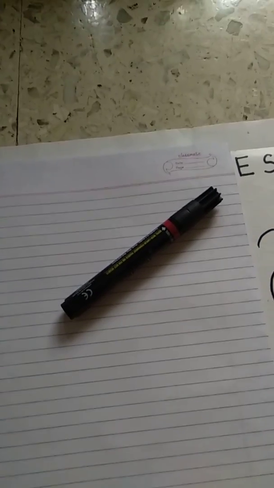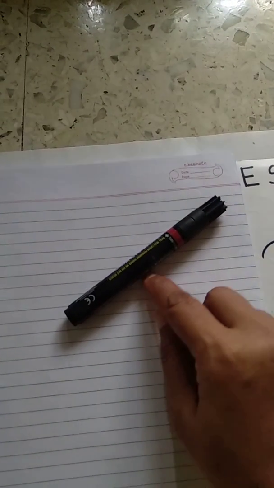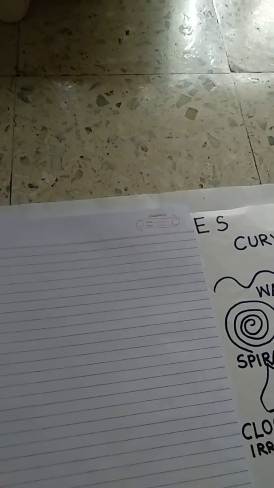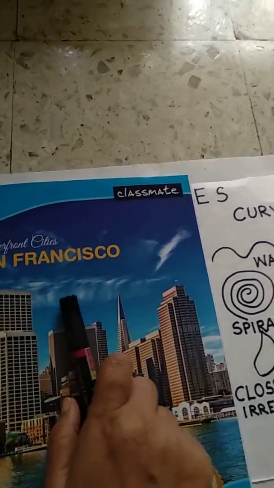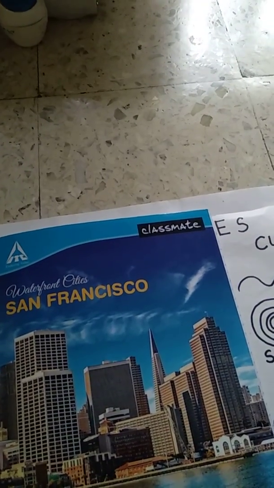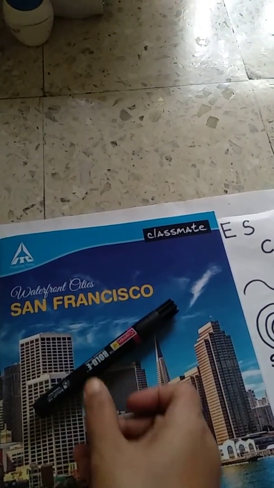It makes a slanting line. So, we have learnt about 3 types of straight lines: horizontal line, vertical line, and slanting line.